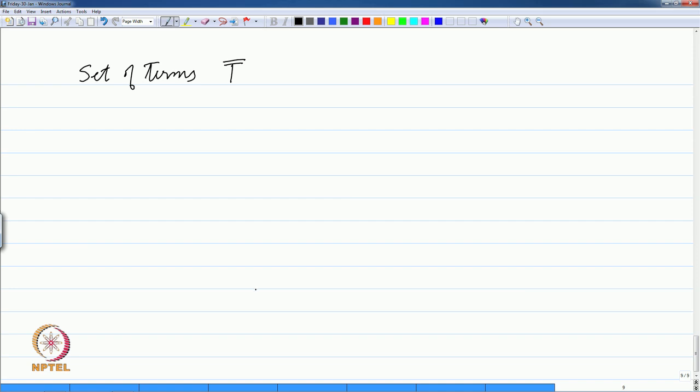So, the set of terms T is defined as follows. If t, I will just use t as a meta level variable, belongs to the set of variables, then t belongs to the set of terms.